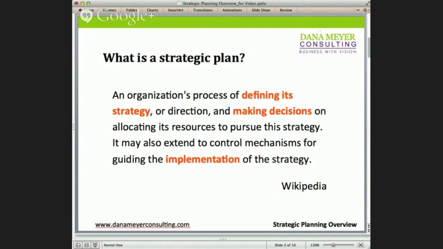And as many of you who follow me know, I have a strong bias towards looking at the people implication of how your strategy will not only impact your employees, but also how your employees and your team can be an integrated part of making that strategic plan a reality in the way in which they execute day to day. So you need to bake that into the way in which you're designing your strategic plan from the very beginning.